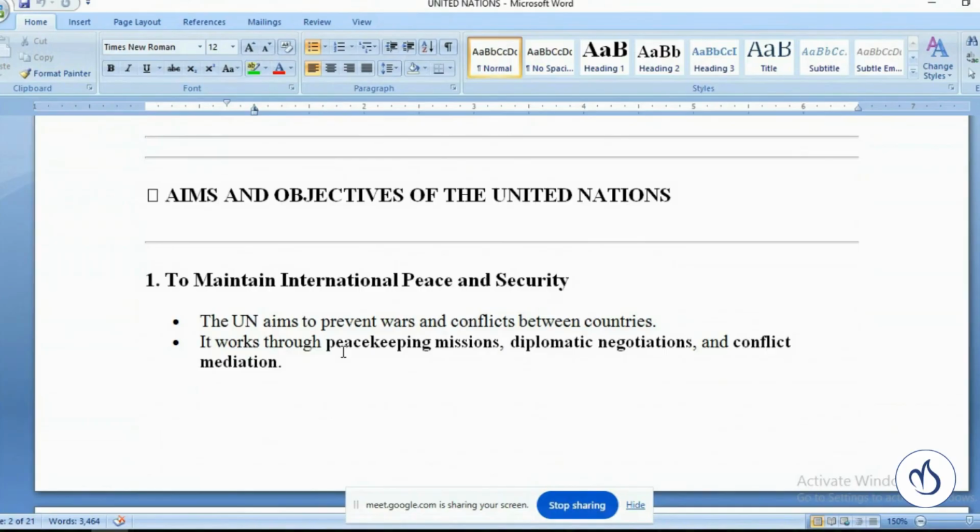The aims and objectives of this organization. One, the UN maintains international peace and security.